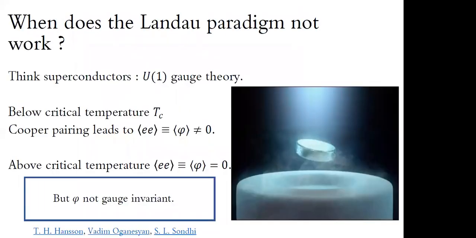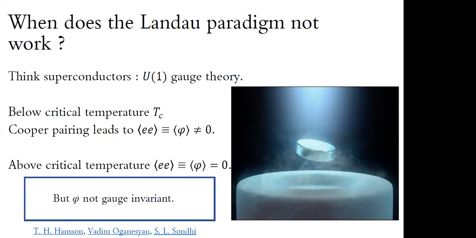Now, there are certain scenarios where the Landau paradigm doesn't quite work, okay? One of the examples is superconductors. You have a U(1) gauge theory, so electromagnetism, and then you have a charged condensate of Cooper pairs, let's say. Below the critical temperature, you have Cooper pairing of two electrons.